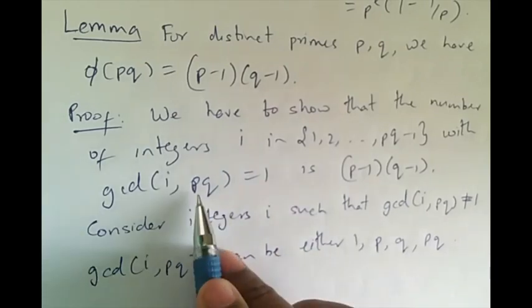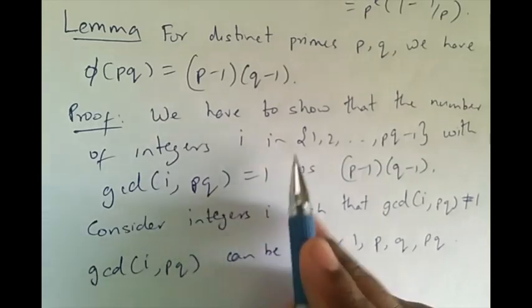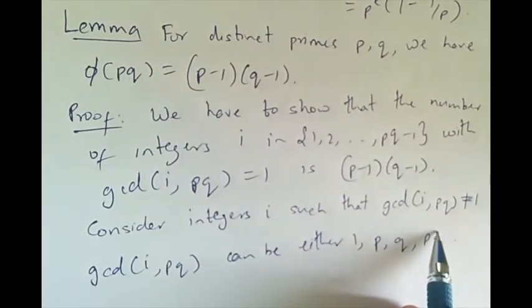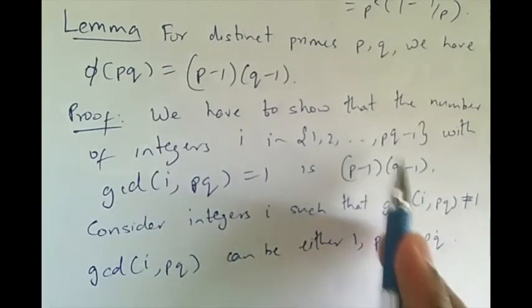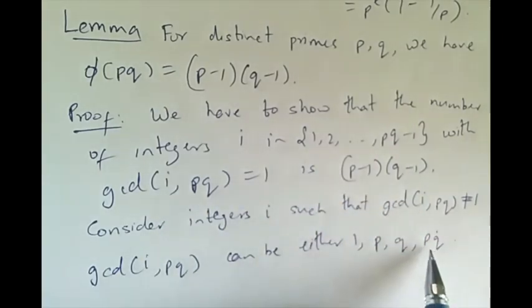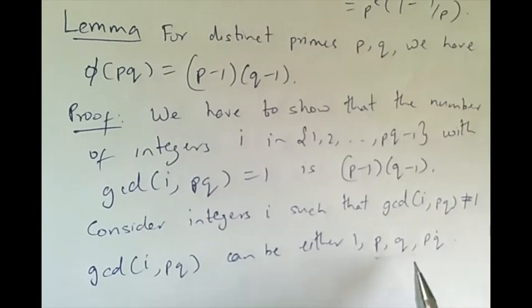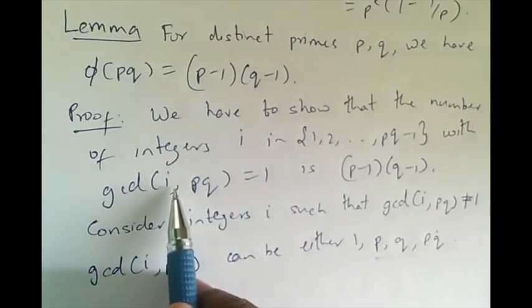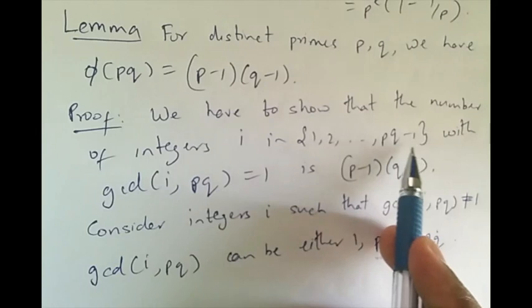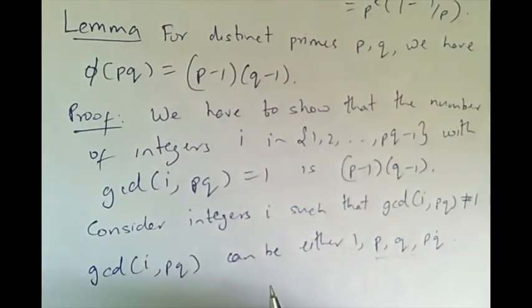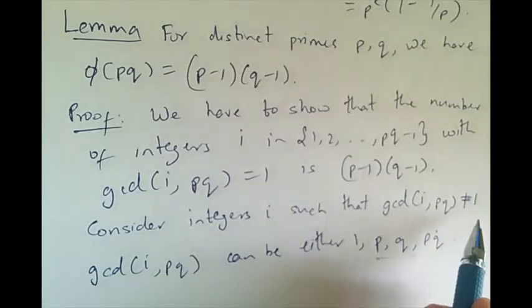But our I is restricted to 1 to pq minus 1, so the divisor of I cannot be pq because I is strictly less than pq. So the only non-1 GCDs possible are p and q. So multiples of p or multiples of q in this range will have a GCD which is not equal to 1.